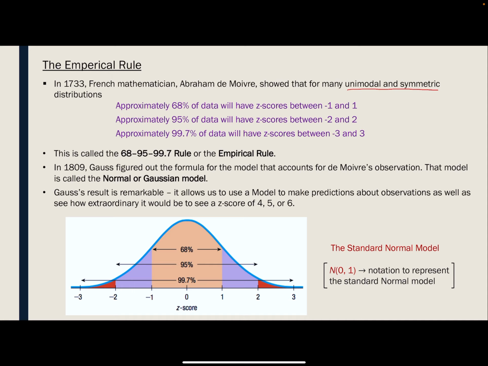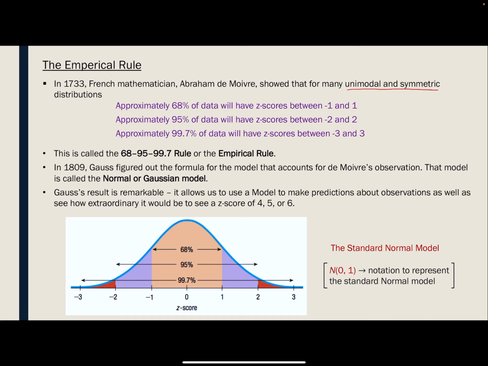I have a picture of the normal model here, and you can see that it shows the mean, which is the z-score of 0, right in the center. A +1 would be 1 standard deviation away, or 1 z-score away. A z-score of 2 is 2 standard deviations above the mean, and a z-score of 3 is 3 standard deviations above the mean.